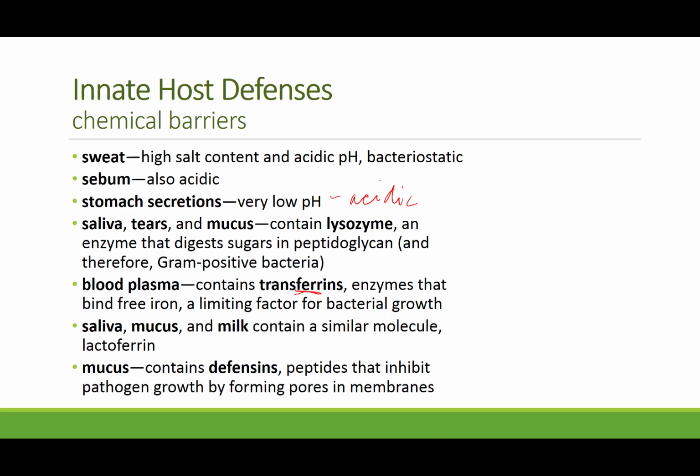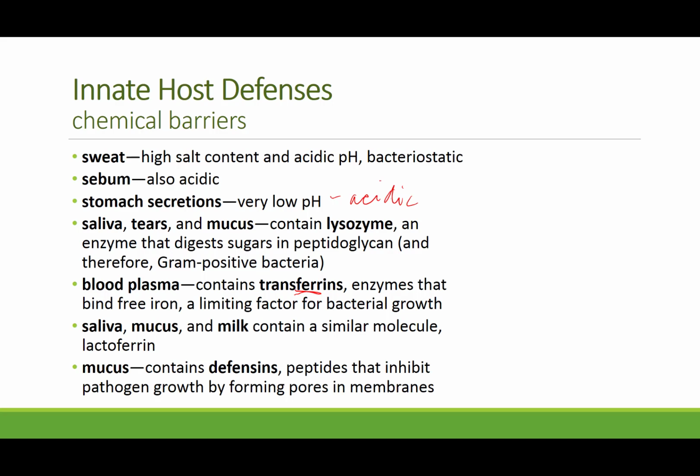And then last of all, mucus contains short strings of amino acids, so small proteins called peptides. That's a string of fewer than 100 amino acids long. These are called defensins, and they are able to destroy pathogens by poking little holes in their membrane.